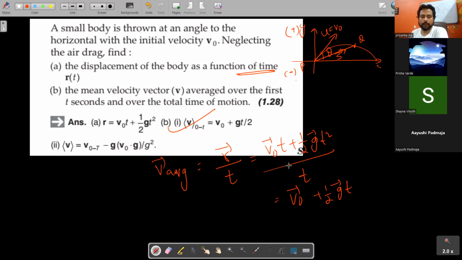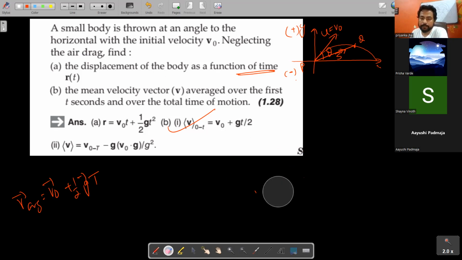Now for the third part, this is very good. It is asking about the average velocity during the total time of motion, right? So in this case, we'll simply write V average equal to V naught plus half g T. For the complete journey, this T would be capital T, the time of flight.